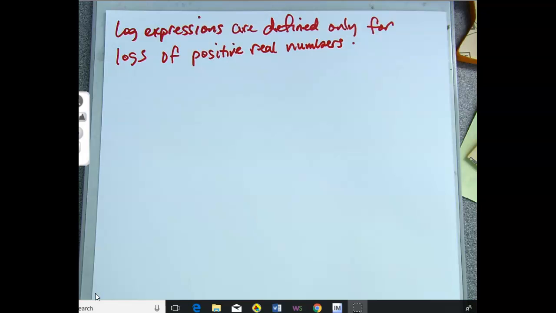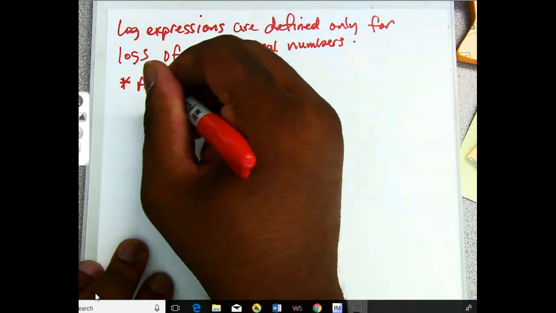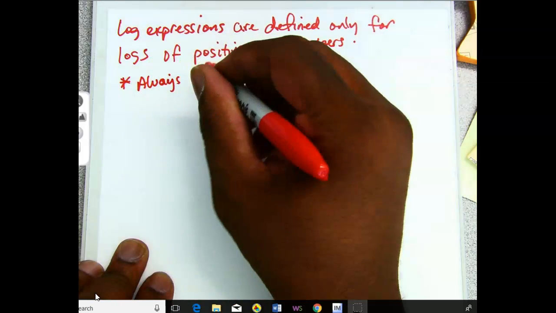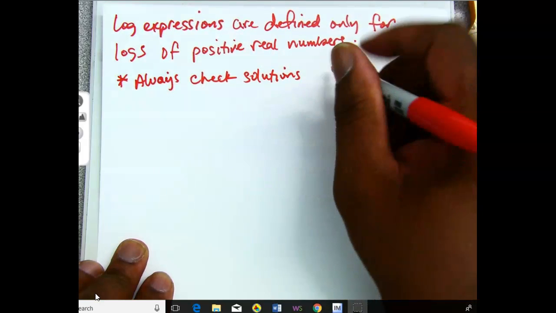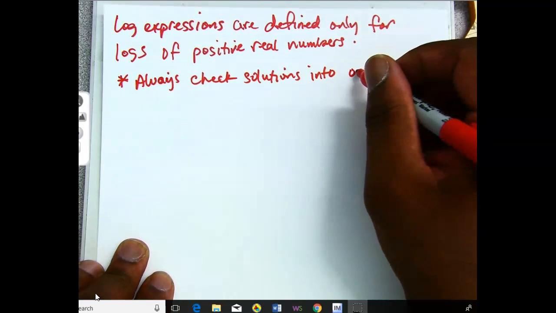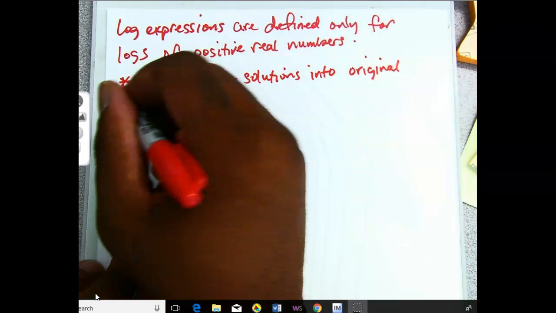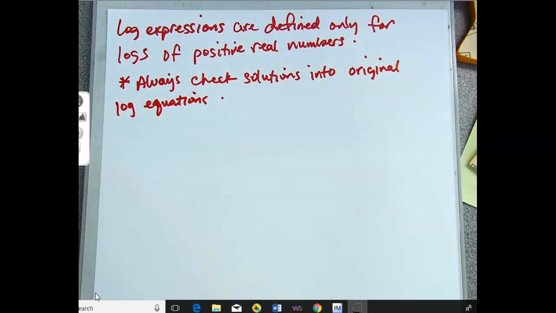So because of that, you have to always check solutions into the original log equations. Basically, you just want to make sure that you're not taking the log of a negative value, because it doesn't exist.